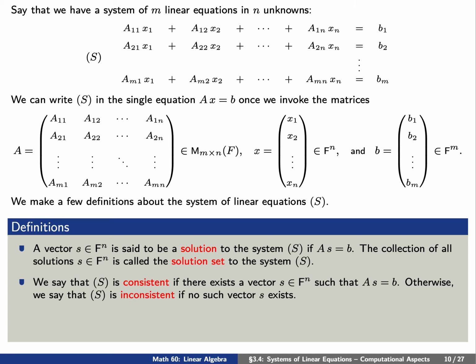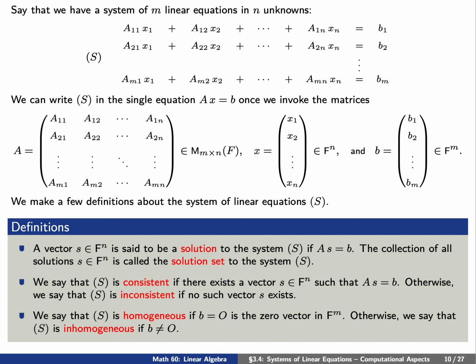We'll say that our system is consistent if we can find at least one vector S such that A times S equals B. Otherwise, we'll say that our system is inconsistent. We'll say that our system is homogeneous if the right-hand side, B, equals the zero vector. That is, each of the scalars b1, b2 through b sub m are equal to 0. Otherwise, we'll say that our system is inhomogeneous.